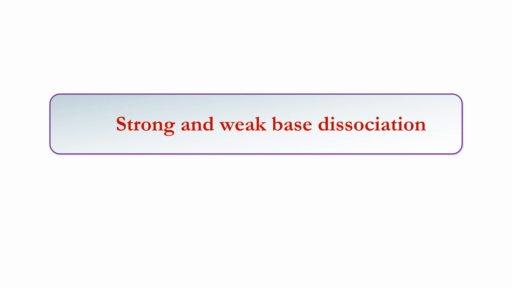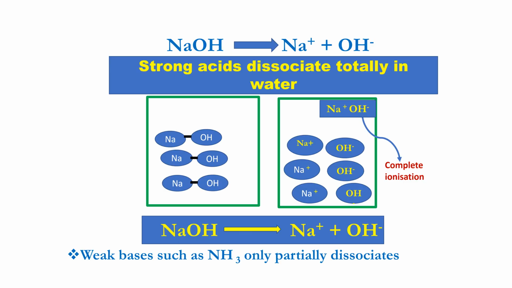So now we look at strong and weak base dissociation. We look at how strong and weak bases dissociate. We have already looked at how strong and weak acids dissociate. Now we look at how strong and weak bases dissociate. When a strong base, such as sodium hydroxide, dissociates, it separates fully into its constituent ions.